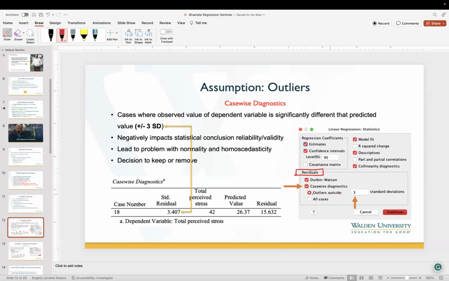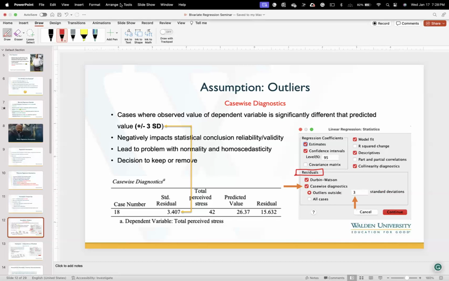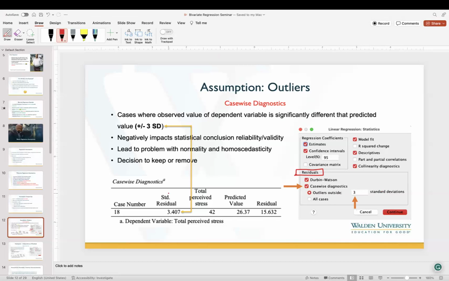And the outlier is considered anything plus or minus 3 standard deviations from the mean or the average, going back to basic statistics. Remember, a range plus or minus 3 standard deviations. And anything that exceeds that plus or minus is considered an outlier. And what you look at is the standardized residual number.